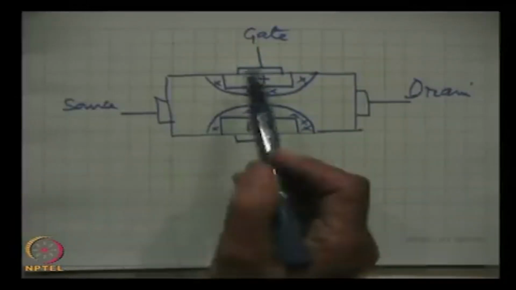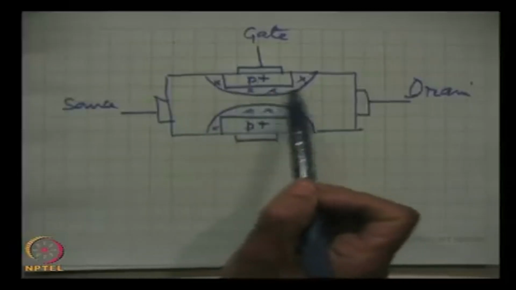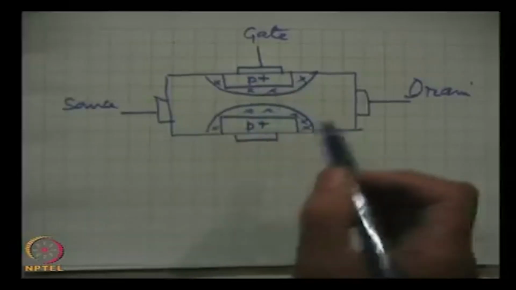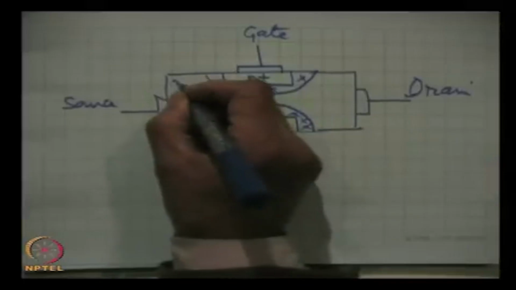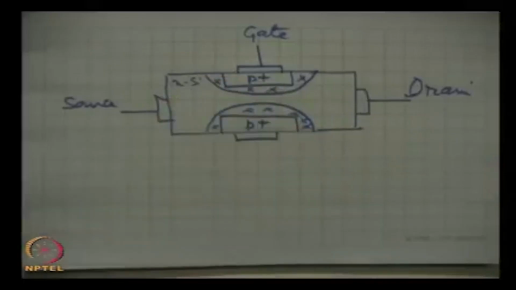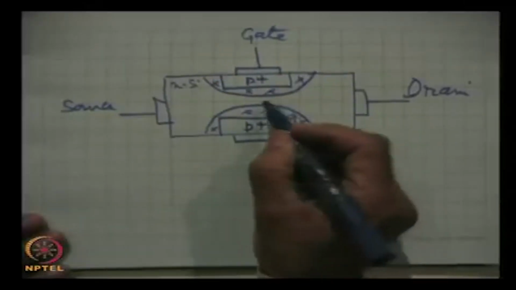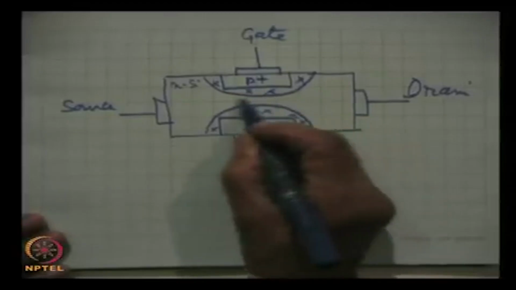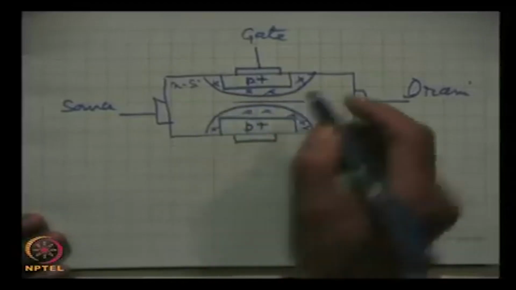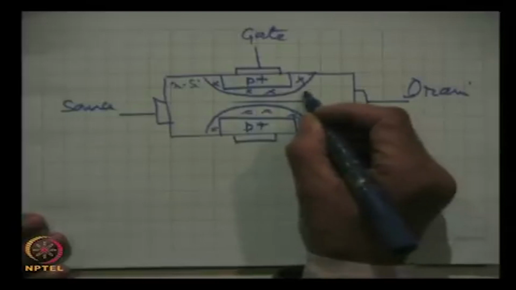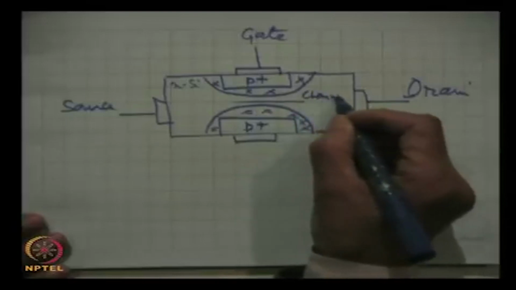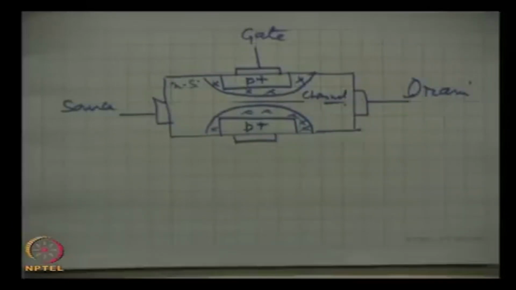This is the p type region and this is the depletion region, and this is the n type silicon substrate, and this is the channel. This is about the construction of a junction field effect transistor.